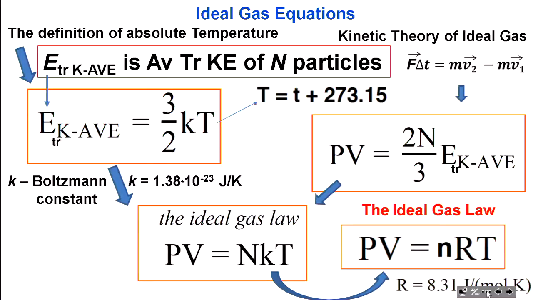Translational kinetic energy means kinetic energy of a center of mass. Remember center of mass, a special point, it travels in space, it has specific speed. So mv squared over 2, that's translational kinetic energy.